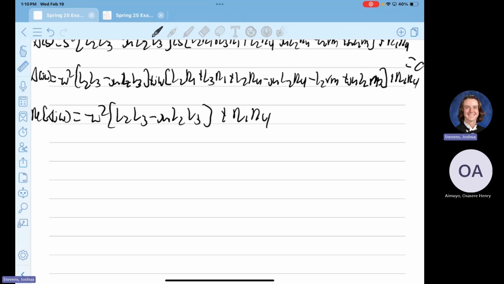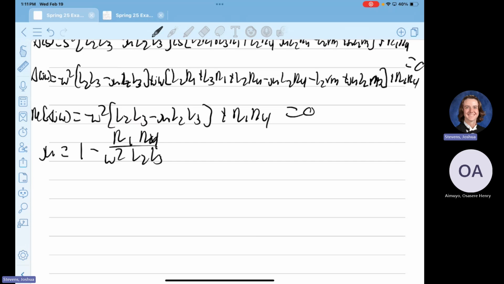Just going to skip doing the math. I'm sorry, not doing the math, but doing the derivation to find mu. But I'm going to tell you how I got from here to then mu. Mu equals 1 minus R1 R4 over omega squared L2 L3.